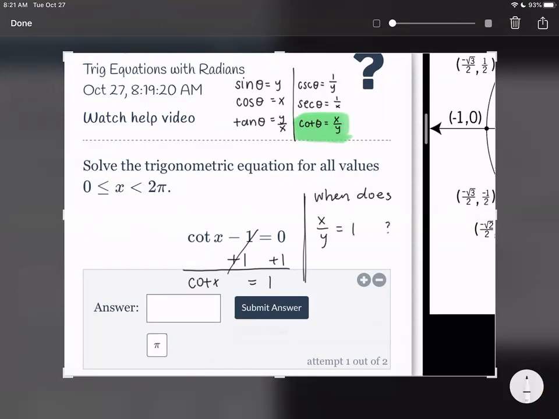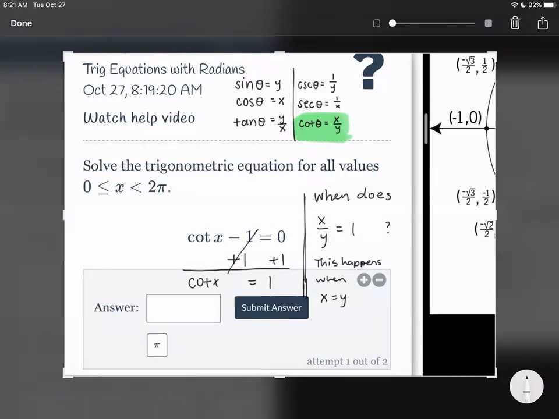So we have to ask ourselves that. Okay, so then you just have to remember that x divided by y can only equal 1 when x equals y. It can only happen when your x and the y value are exactly the same.